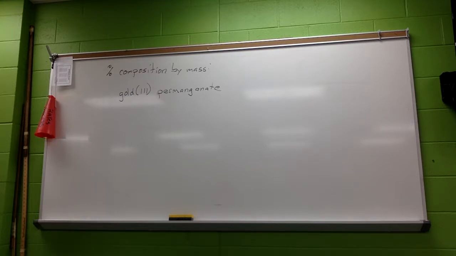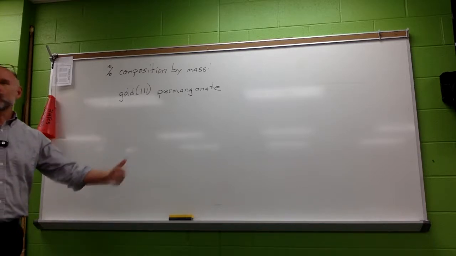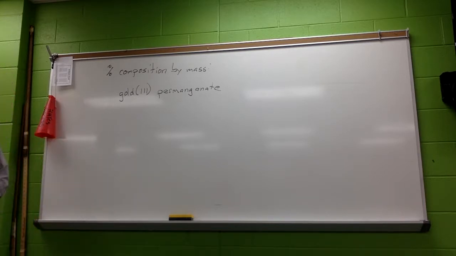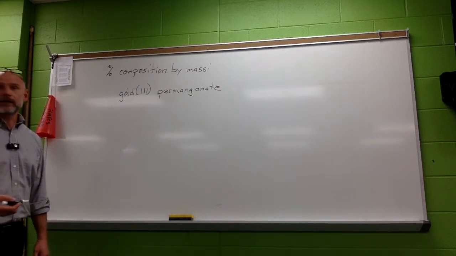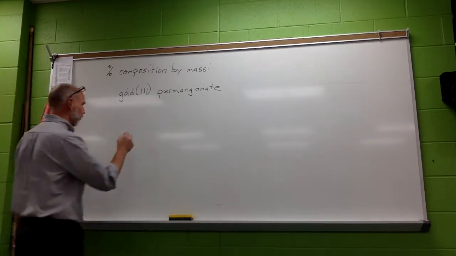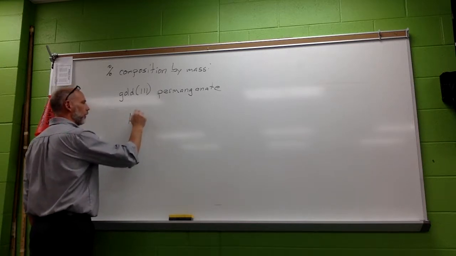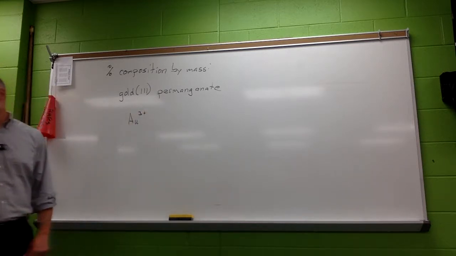Well, if we want to find the percent by mass of each element, we would have to know how many of each element. In order to know how many of each element, we would have to actually have the formula. So, what's the formula? Symbol and charge for gold 3. Au with a 3 plus. Permanganate.